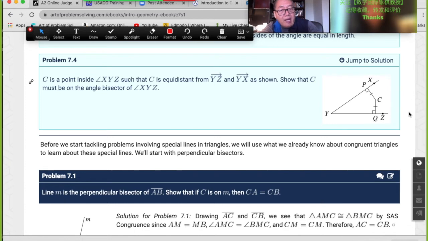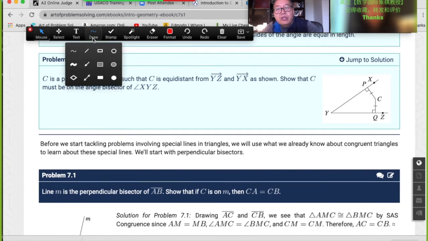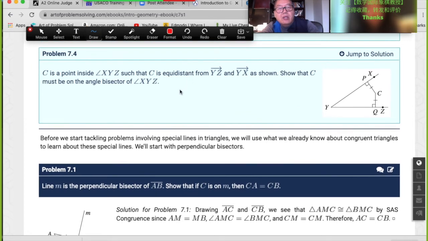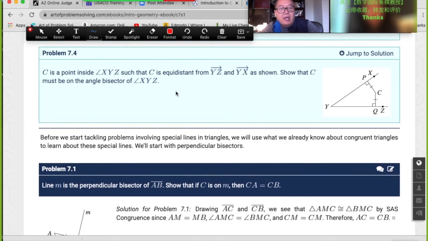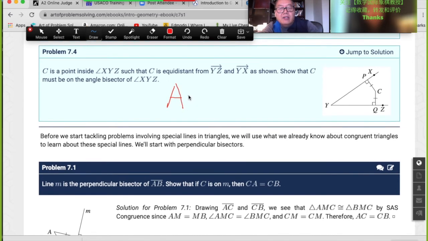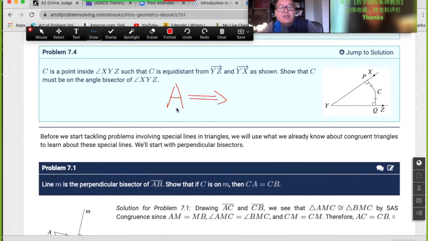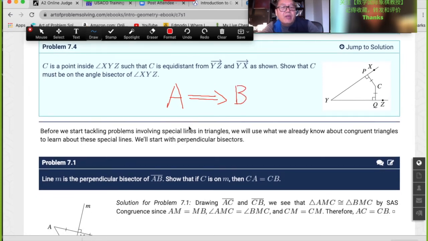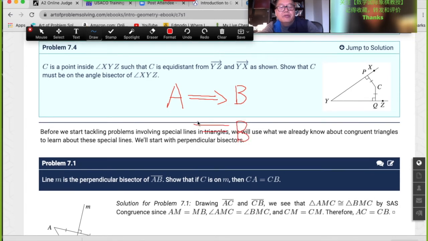So as I told you, it's just to switch the condition and conclusion. Like the previous problem gave you statement A and asked you to prove statement B. Now this problem gives you B and asks you to prove A.